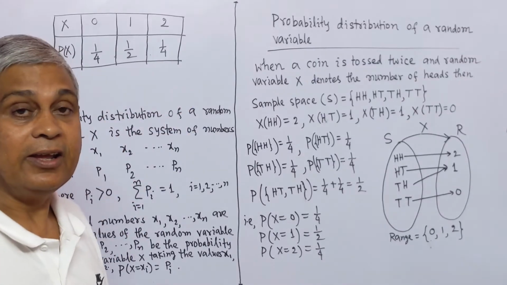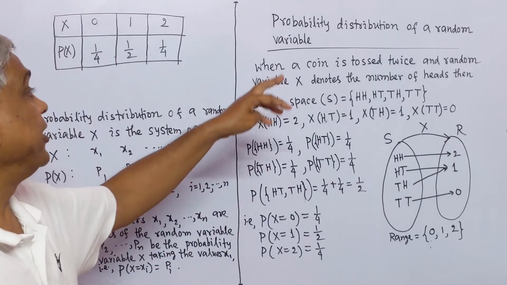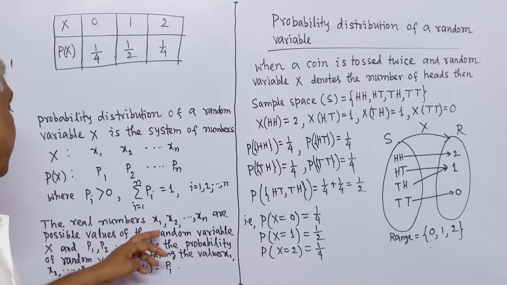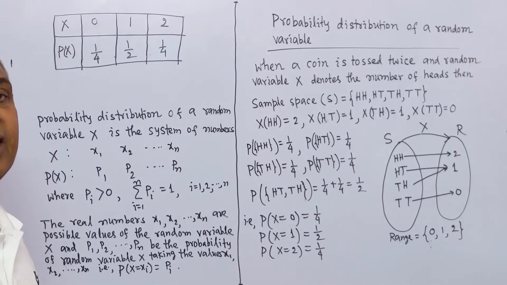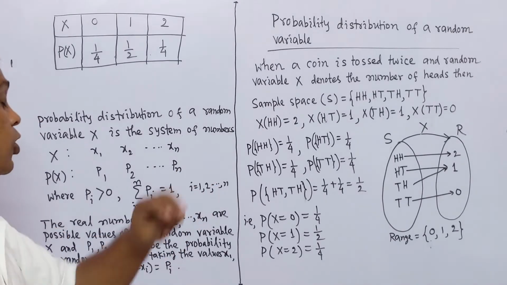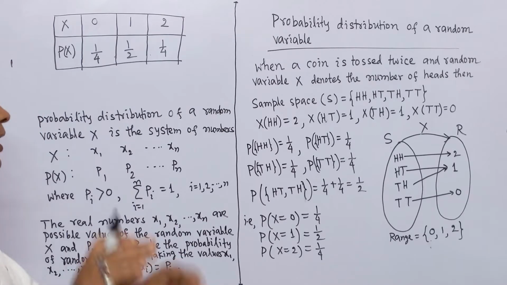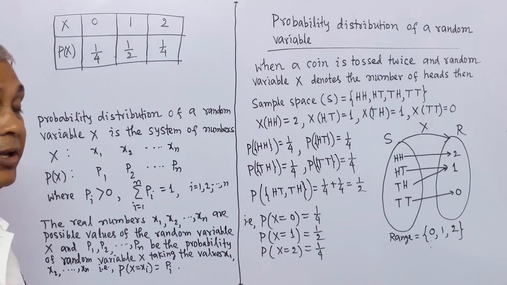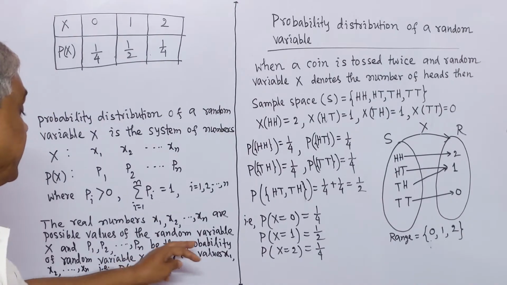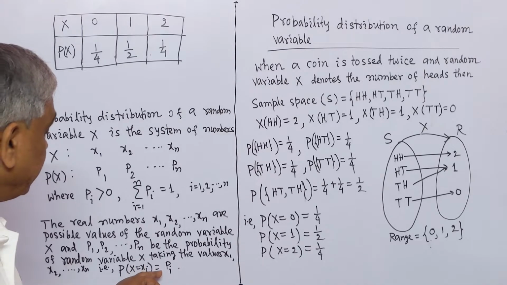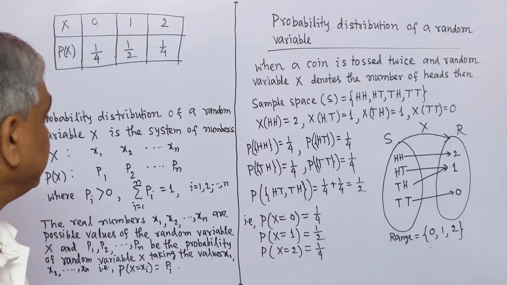Now we define the probability distribution of a random variable. Let x1, x2, ..., xn be the possible values of a random variable X, and p1, p2, ..., pn be the probabilities of the random variable X taking the values x1, x2, ..., xn. That is, probability of X equal to xi equals pi.